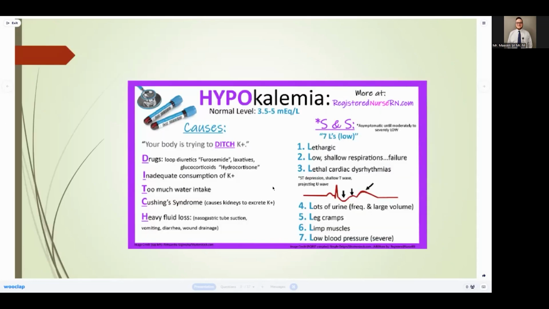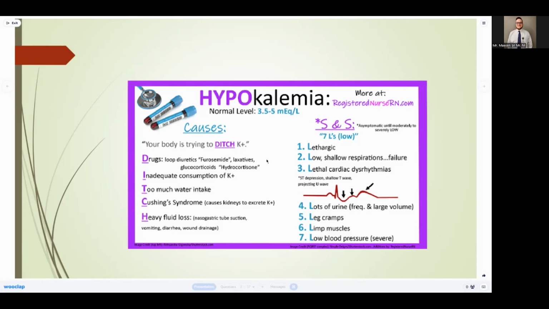Another slide about hypokalemia, again, less than 3.5. So causes, and this is a nice chart that summarizes from registerednursern.com. What is happening is your body is getting rid of potassium. Why is that? Well, drugs could cause it: diuretics such as loop diuretics, furosemide, which some of you know as Lasix, and laxatives can get rid of it in our stool.